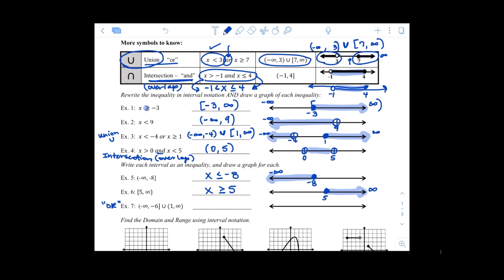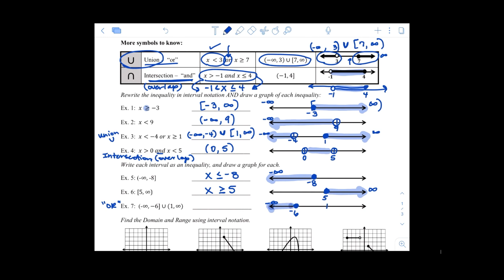So for our first portion, we have negative infinity, comma, negative 6 with a bracket. Well, negative infinity is over here. Let's say here's negative 6, and it said bracket, so I'm going to do a closed circle. Everything from negative infinity all the way to negative 6 gets shaded.